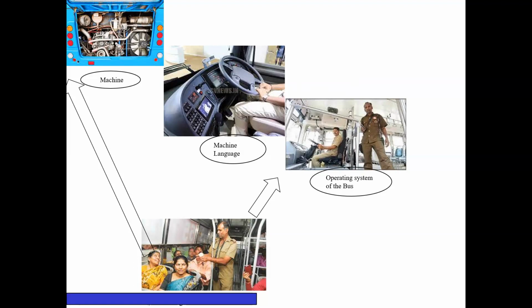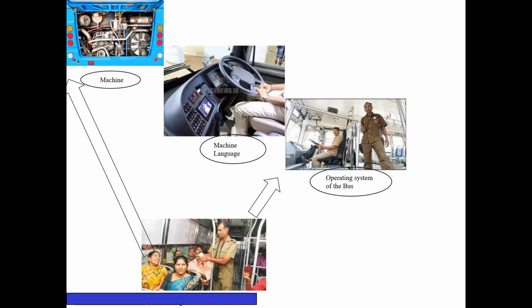But if you want, you can learn the machine language of a bus. A driver does this by pushing certain switches and using certain levers, pedals, and the steering. He is applying the machine language, directly communicating with the machine of the bus. It is a bit hard, but we can learn it.